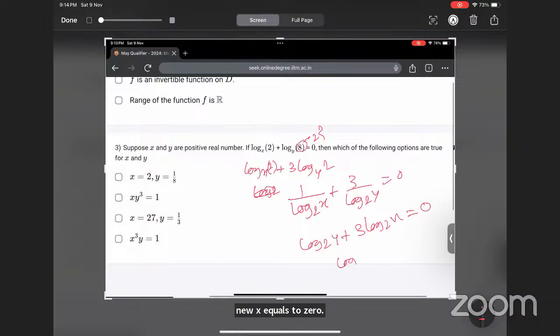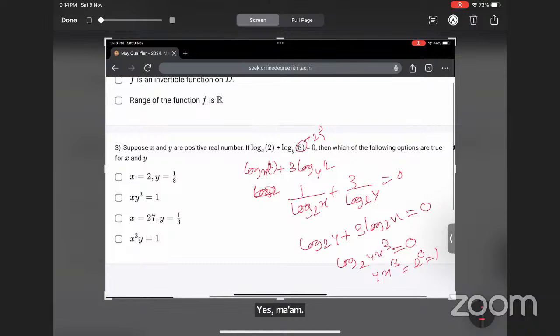So log 2 of y x cube equals 0. So y x cube equals 2 to the power 0, that means 1. This is the conclusion. Yes, ma'am, this is the answer.